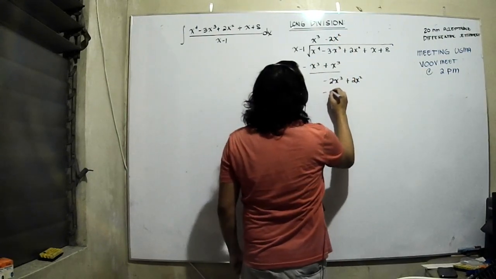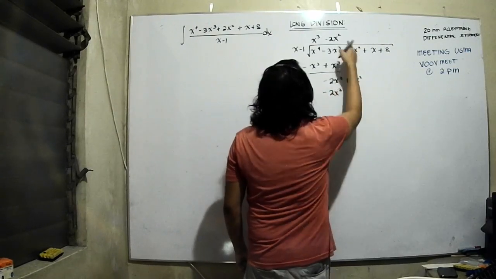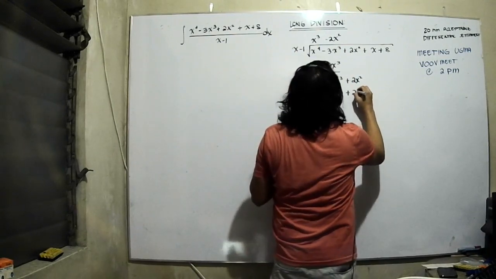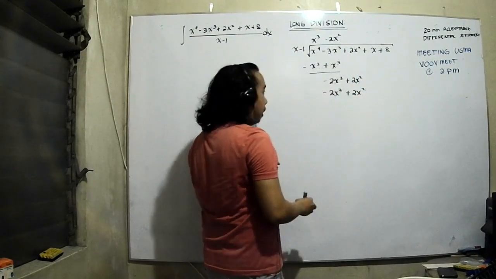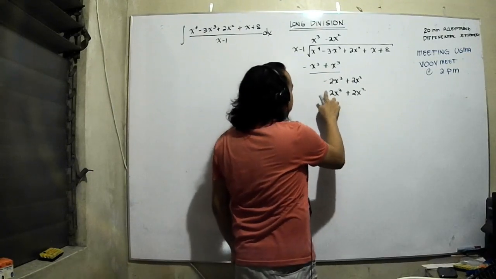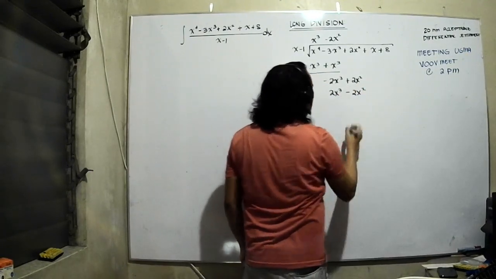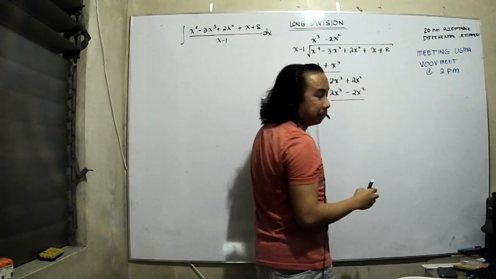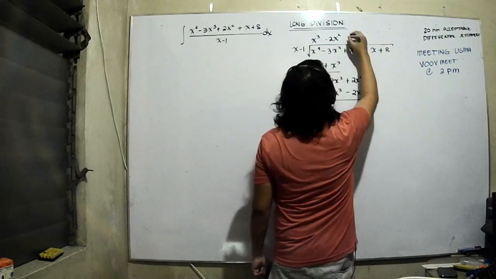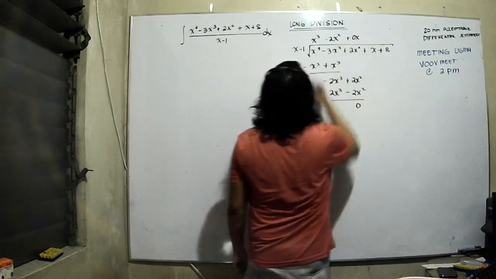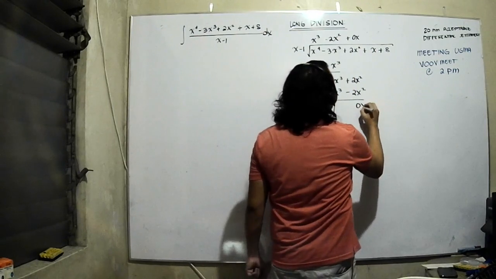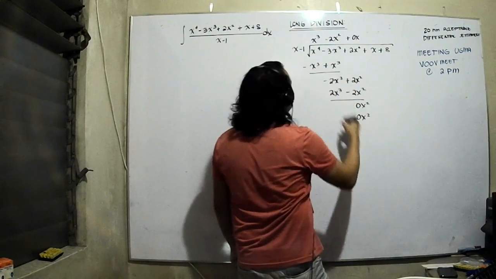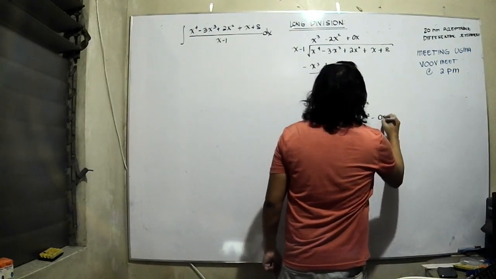Multiplied by the divisor, 2x cubed plus negative times negative 2x squared. So minus here, this should be positive, this should be negative. Combining these, it becomes zero again. So 0x squared minus 0x.